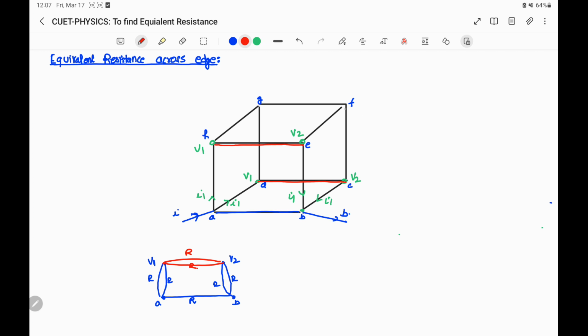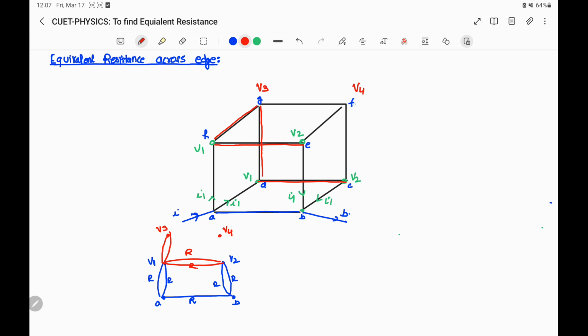The remaining points are G and F. Suppose G has the potential V3 and F has the potential V4. Then from the point of potential V1, there are two resistances, one is HG, another is DG, so these two resistances are in parallel.